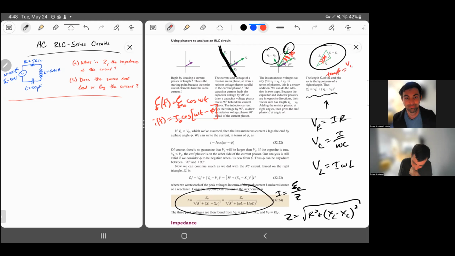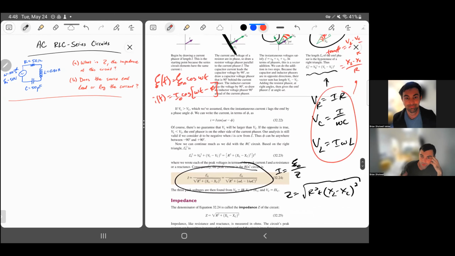It looks like this is V_L minus V_C over V_R. And if you plug in these three things into that formula, you can also write this as X_L minus X_C over R. So if you knew the reactances of the inductor and the capacitor and the resistance of the resistor, you can solve for the phase angle using that relationship.